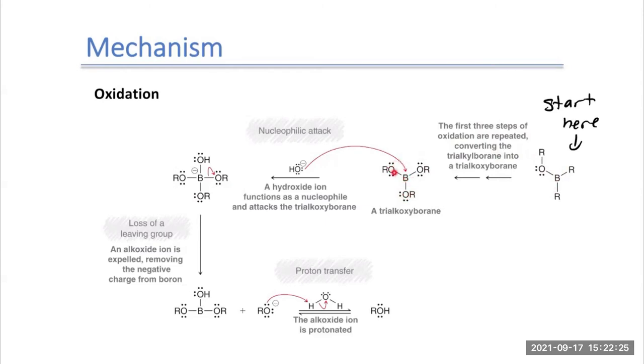So now basically the oxygens have inserted themselves in between the boron and the different alkyl groups. When that happens, a hydroxy will come and attack the boron to create our product here.